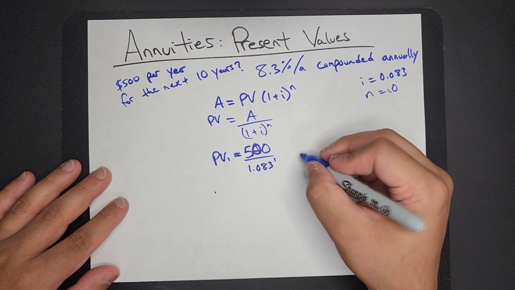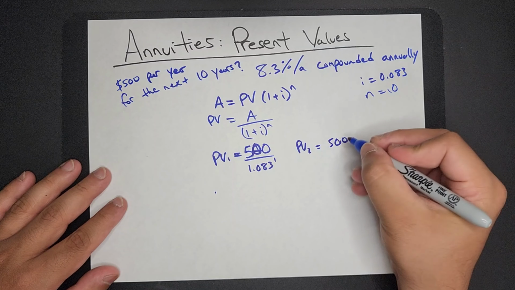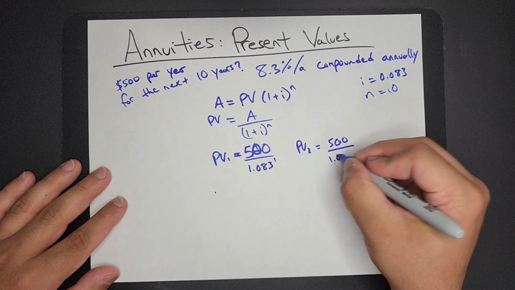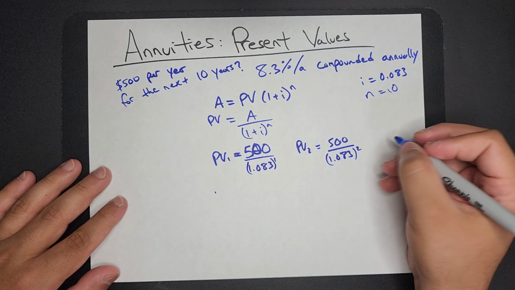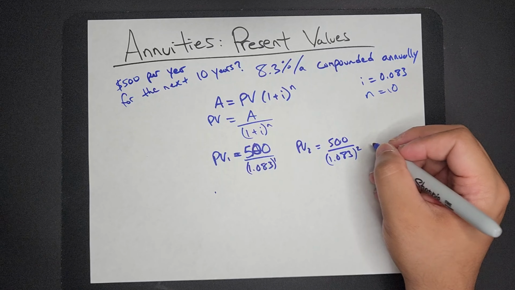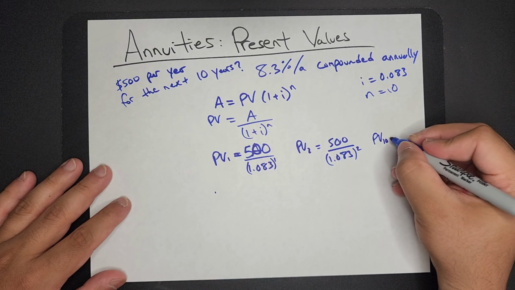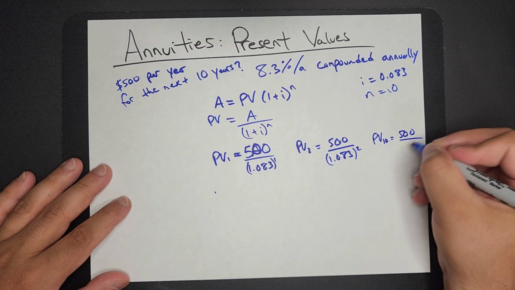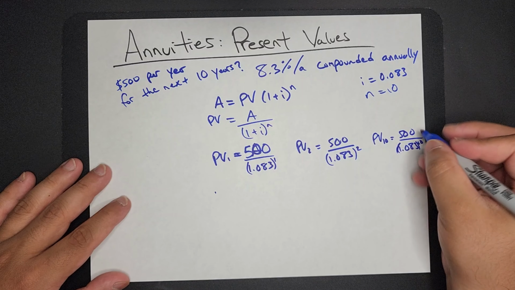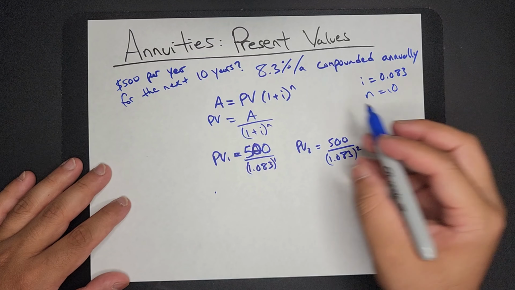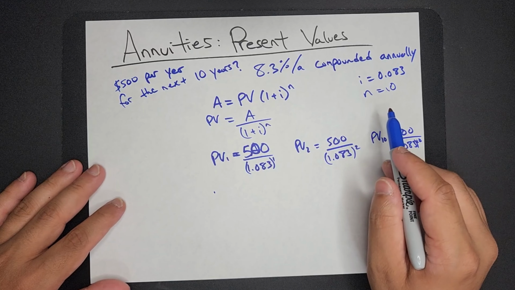And then PV2 is 500 over 1.083 to the power of 2. And if you continue that pattern, PV10 will be 500 over 1.083 to the power of 10. The reason why it's still 500 is because I want 500 per year. That's our target.